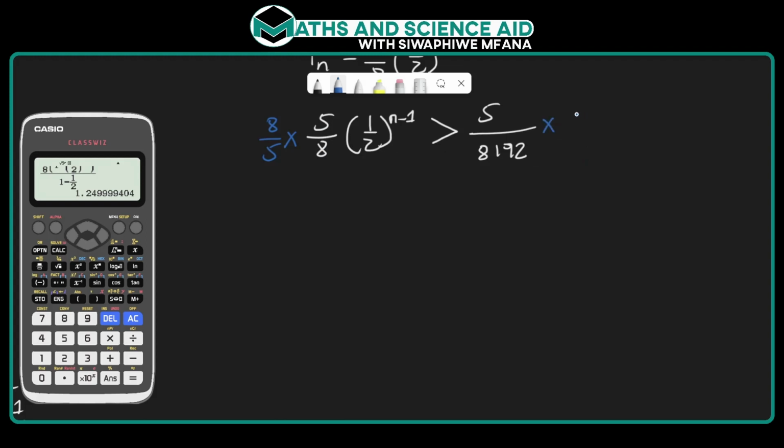And we obviously need to do the same thing on the right hand side, right? And so after doing this, 8 cancels 8 and 5 also cancels 5, so that we are only left with 1 over 2, all of that to the power of n minus 1.